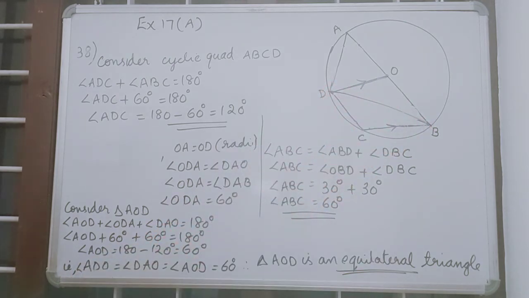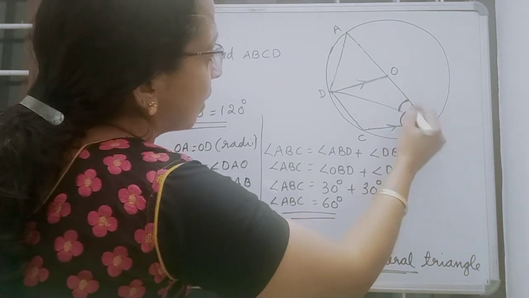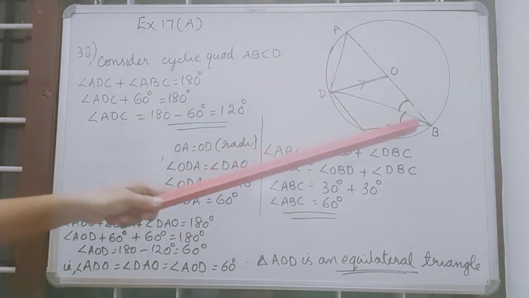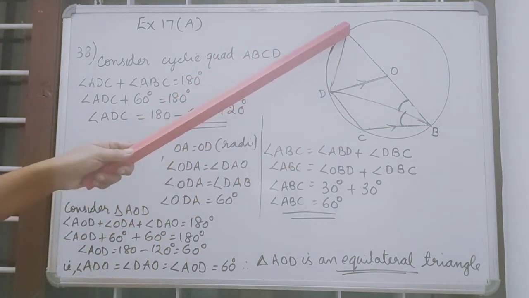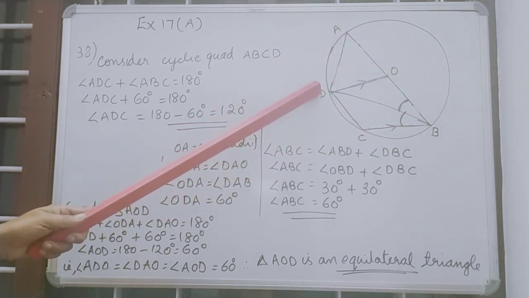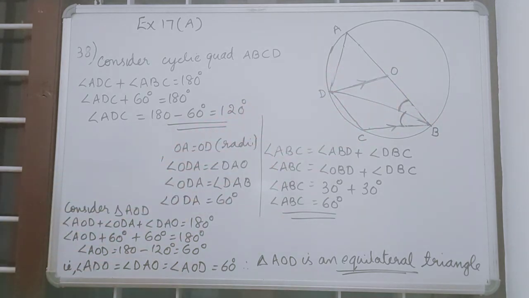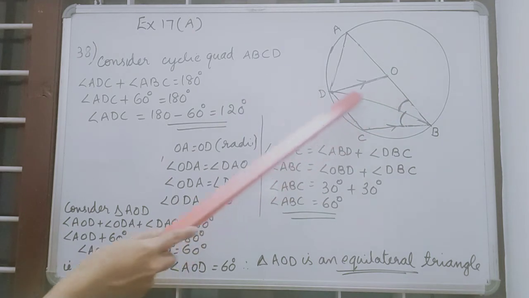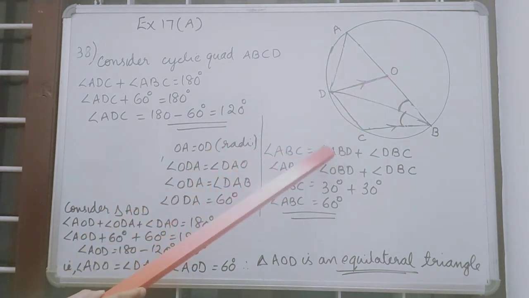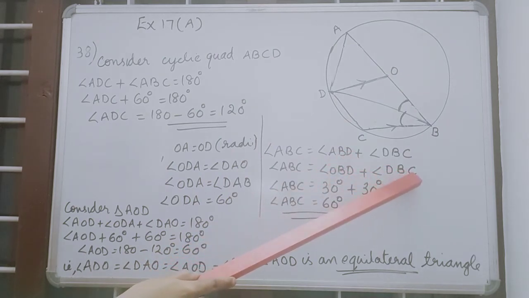So the sum of these two angles will be angle ABC. Instead of writing ABD, we can write O instead of A. So replace ABD as OBD plus angle DBC.